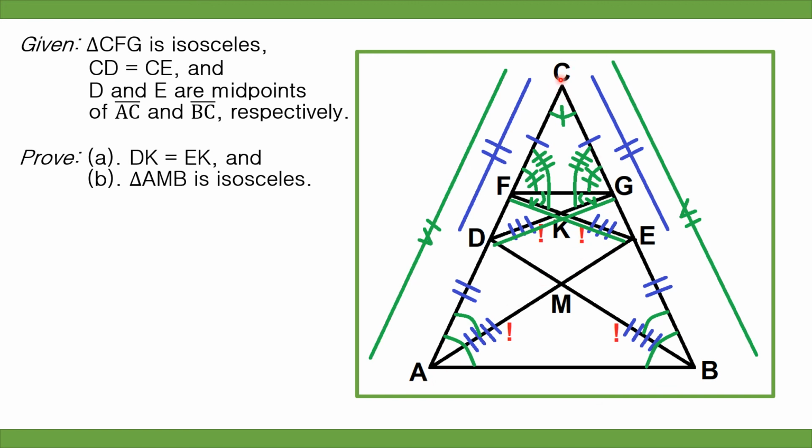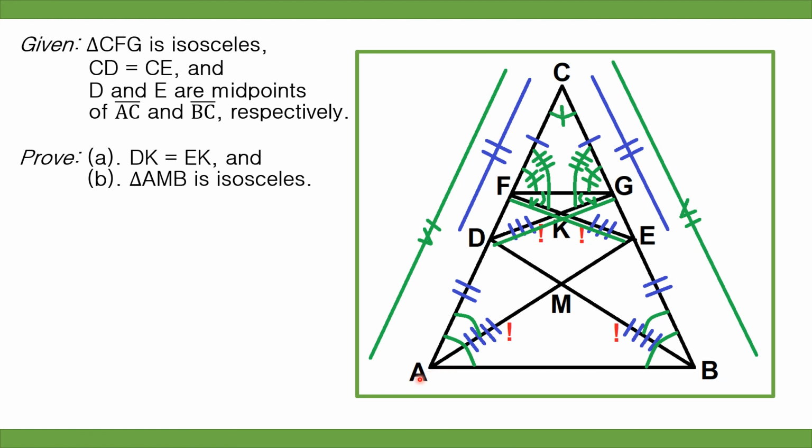So triangle CAE and triangle CBD. Again, can we make these two bigger triangles congruent? Yes, because we have a common angle. We have this part, which was already found to be congruent, actually given. And these parts, which we found to be congruent recently. So, these two triangles are congruent by the SAS postulate.